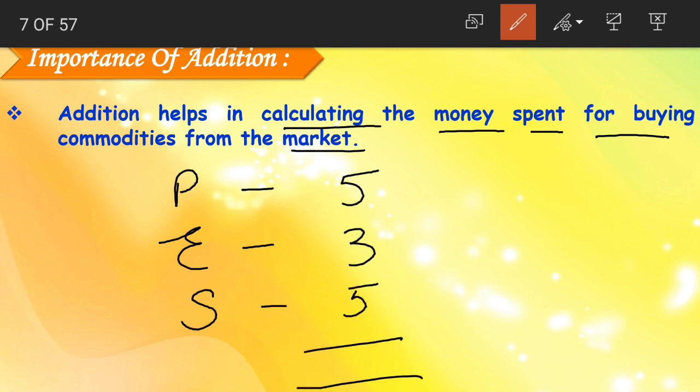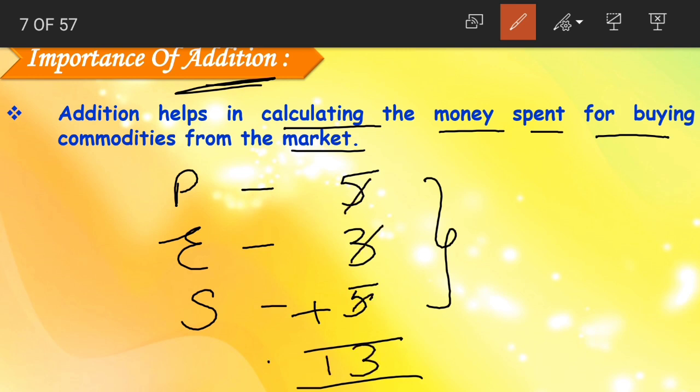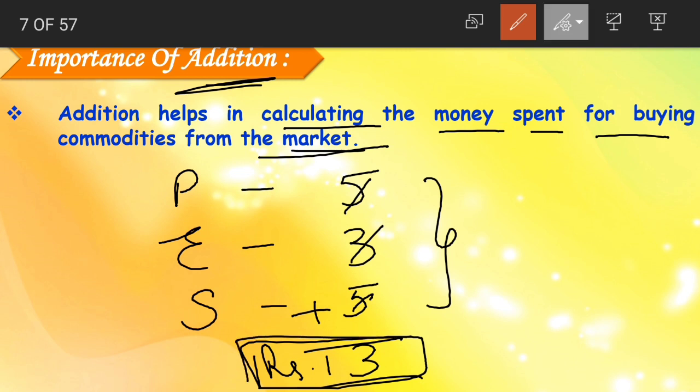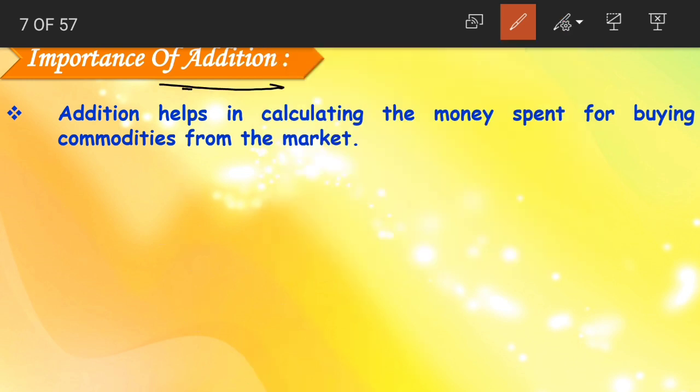How will I say how much money I spent in all? We use addition here. 5 plus 3 becomes 8. 8 plus 5 becomes 13. I can say that I spent 13 rupees in the market. We found out this amount using addition.